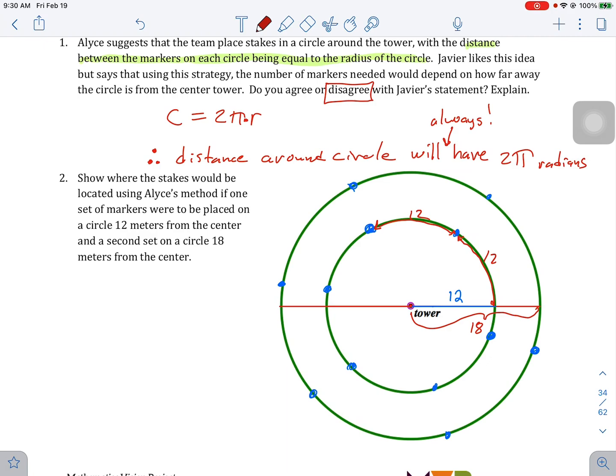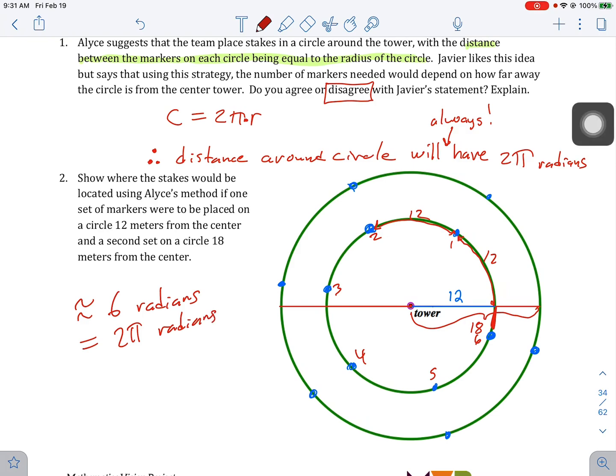And what you can see is there is approximately 1, 2, 3, 4, 5, approximately 6 radians around the circle. But you can see it's a little bit more here at the end, so it's exactly 2 pi radians around the circle.